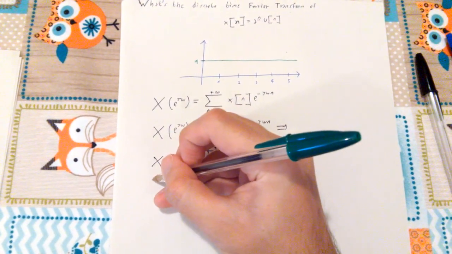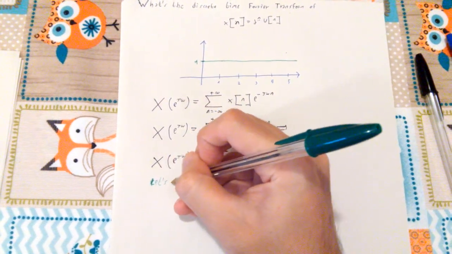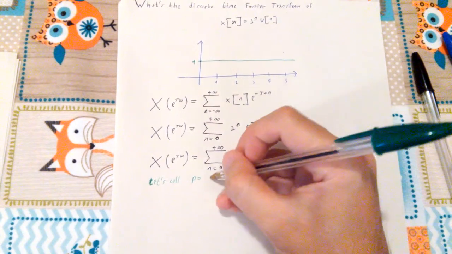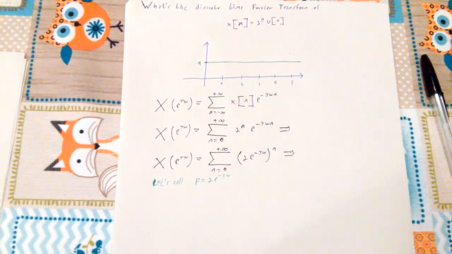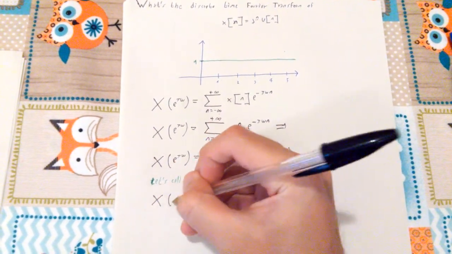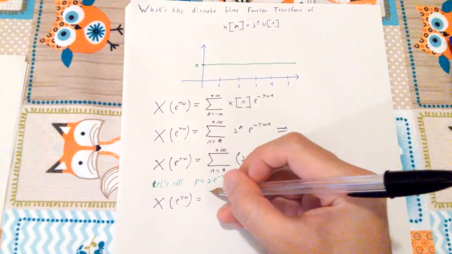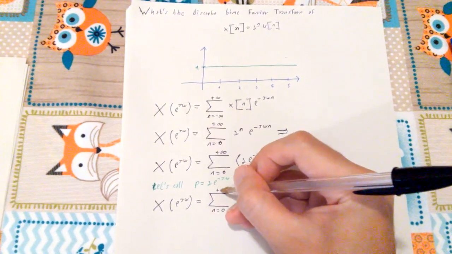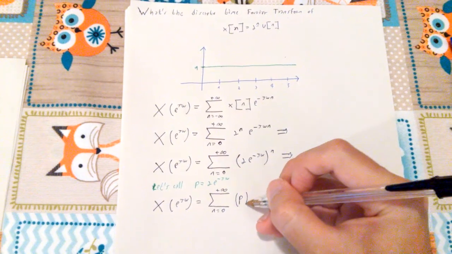Now, let's call p equal to a e to the negative j omega. If we do that, we get X of e to the j omega equal to the sum from n going from 0 to positive infinity of p to the n.